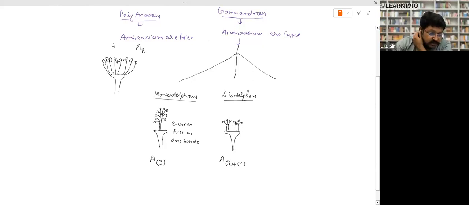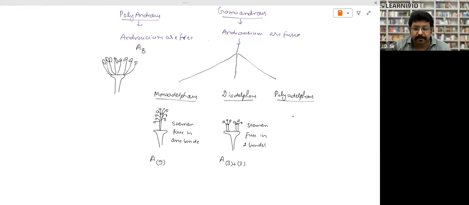What is the polyadelphous condition? In the polyadelphous condition, there are more than two bundles, right? In diadelphous, stamens fuse in two bundles. Here, stamens fuse in many bundles, more than two bundles.